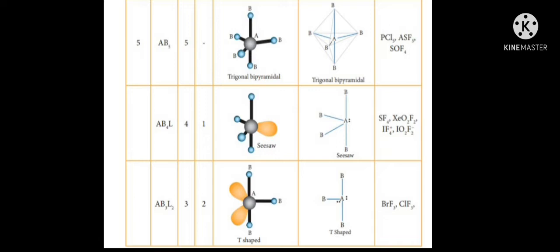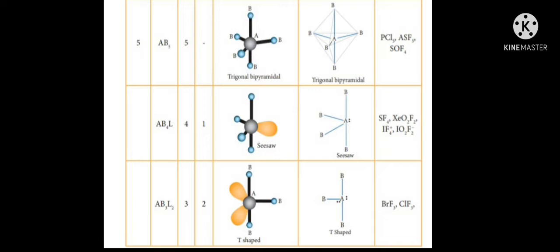Here, the molecule with the formula AB5. It contains 5 bond pair electrons and there should be no lone pair electron. This molecule contains 5 AB bonds. The shape of AB5 molecule is trigonal bipyramidal.